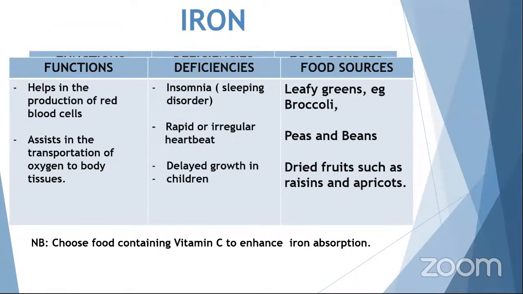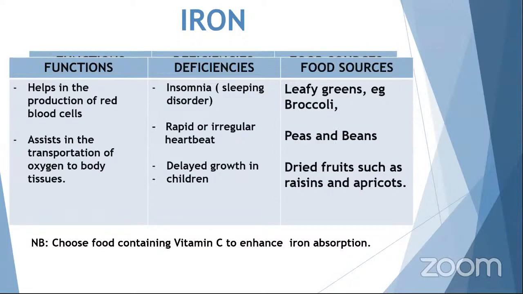Iron. Iron helps the production of red blood cells and it assists in the transportation of oxygen to body tissues. If you're deficient in iron, you can suffer from insomnia, which is a sleeping disorder, rapid or irregular heartbeat, or delayed growth in children.